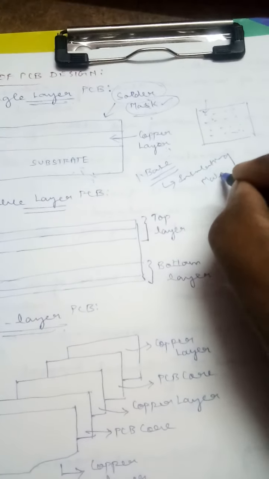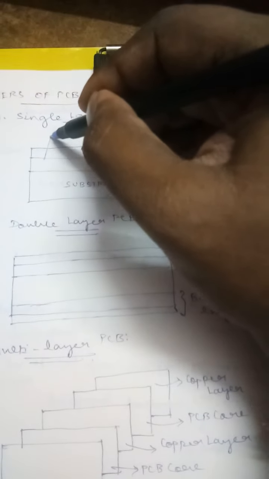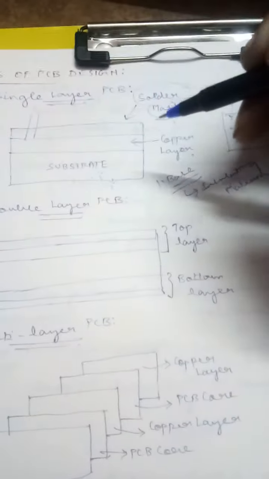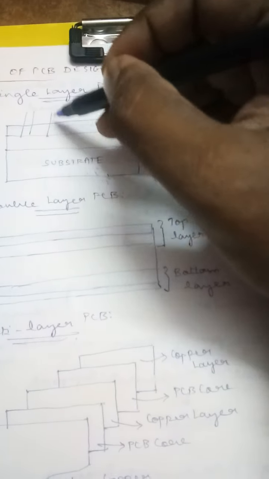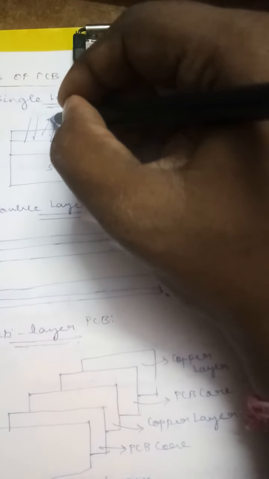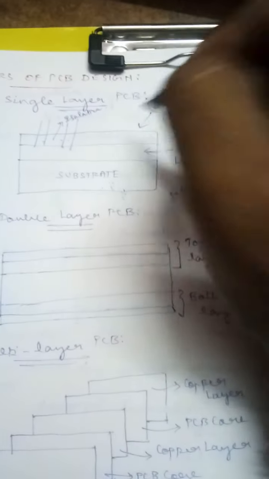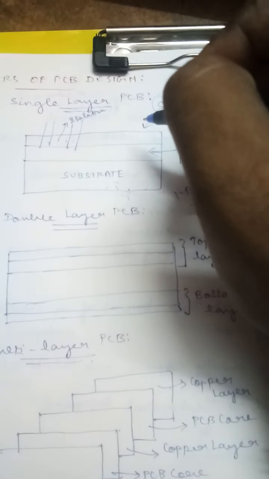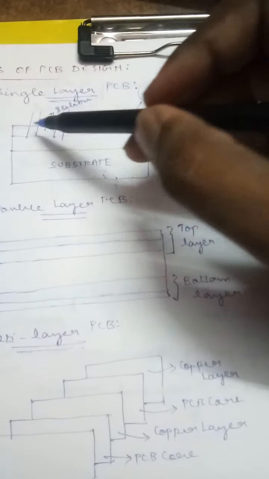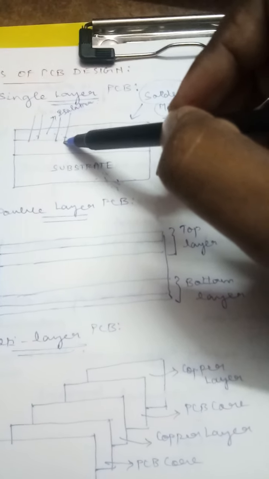If I place a component like this, and a second component is placed like this, in between the two components we need to provide some isolation to prevent interference problems. That is the main objective of using spacing between one component and another.